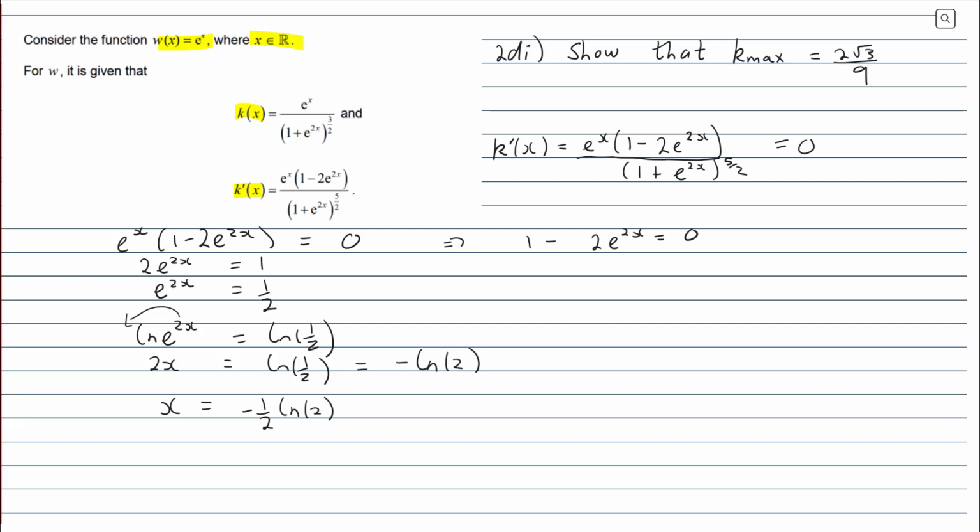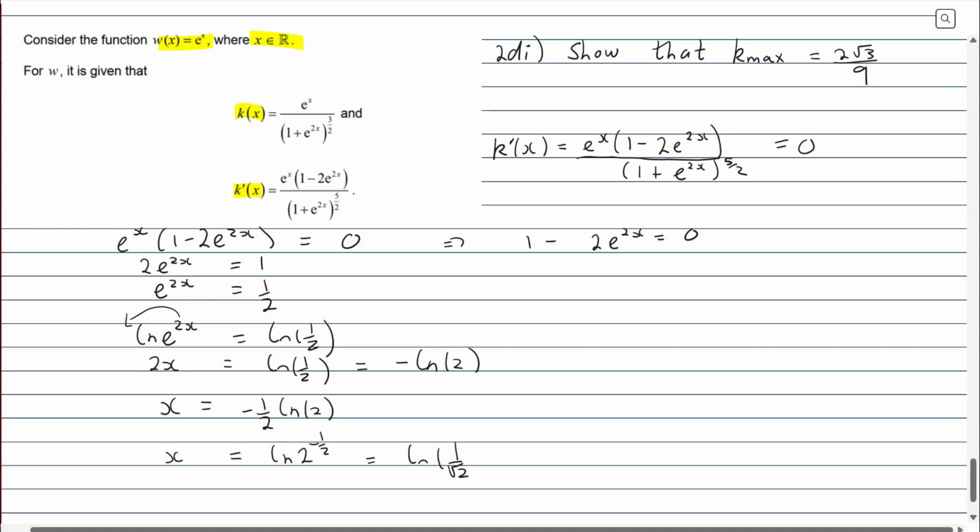And I'll just write that out a bit neater without that fraction in front. So it's going to be x is equal to ln 2 to the power of negative half, which is equal to ln 1 over root 2. Okay, so that's the value for x, where the maximum is going to occur.